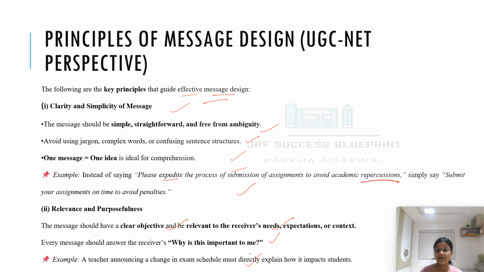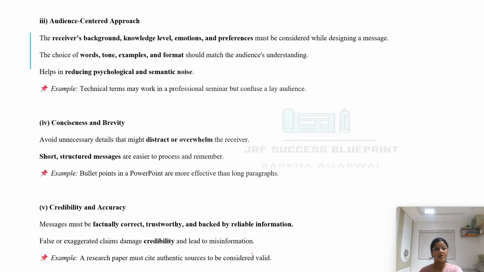In this message, the teacher is understanding the context and explaining why and how it is impacting the students. Number three is the audience-centered approach. The receiver's background, knowledge level, emotion, and preference must be considered while designing a message. The choice of words, tone, examples, and format should match the audience's understanding, hence reducing psychological and semantic noise.